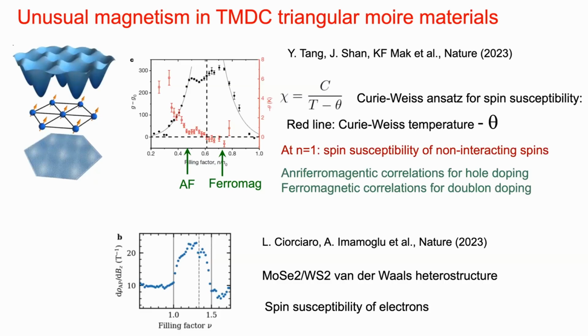And you can say, oh, well, maybe it's because of a Van Hove singularity. Interestingly, this effect disappears when the filling factor comes close to the Van Hove singularity. So it's very different from traditional Stoner instability, which obviously would be strongest at the Van Hove singularity.